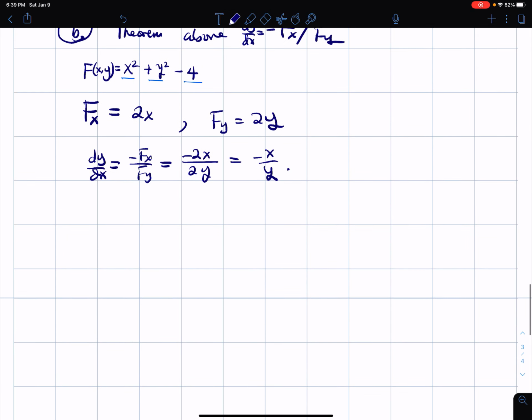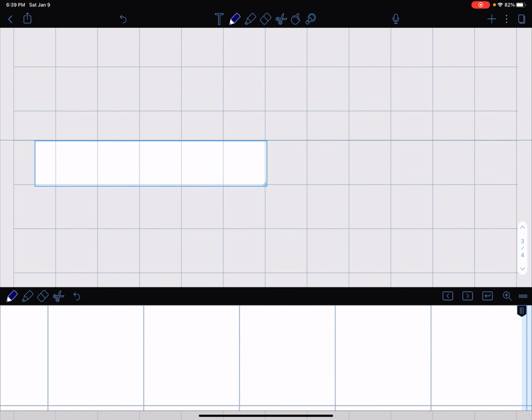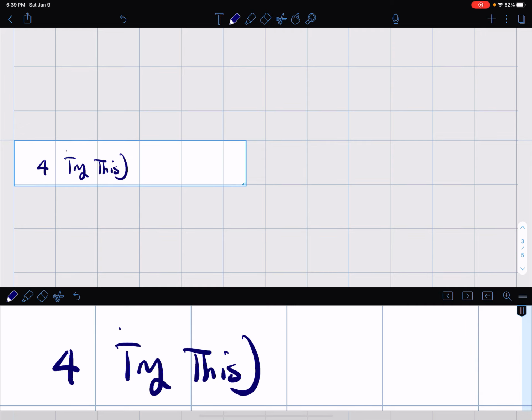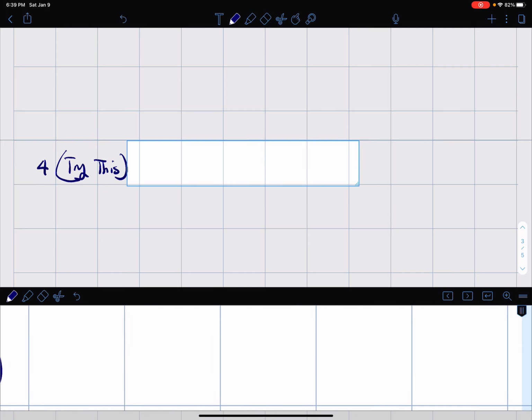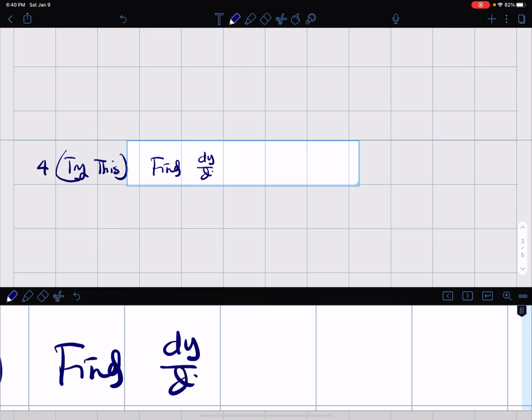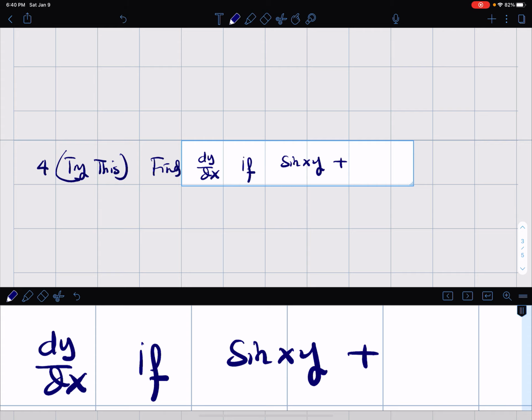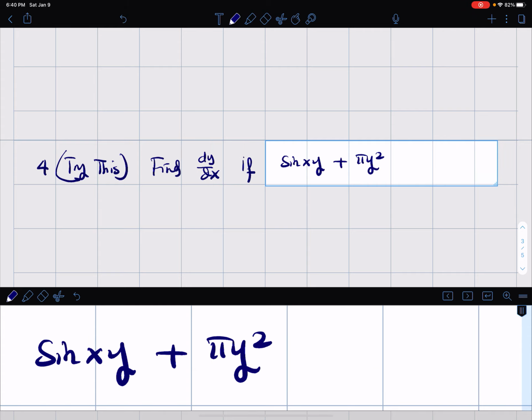So I'm going to give you one to try by yourself. Try the two methods, both the method you know from Calc 1, and this new method. So find dy/dx if sine of xy plus pi y squared minus x is equal to 0.